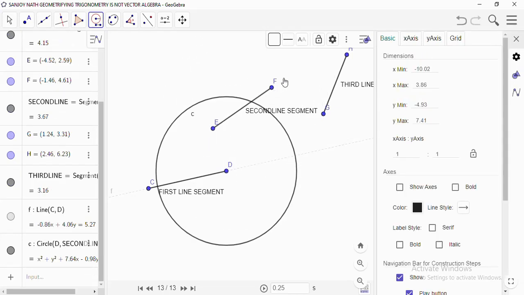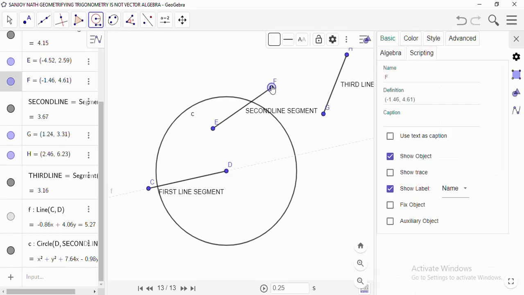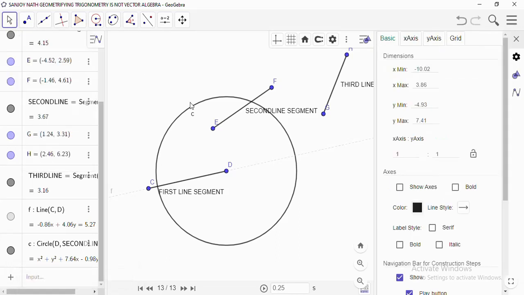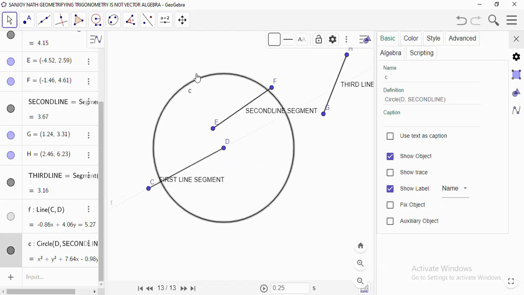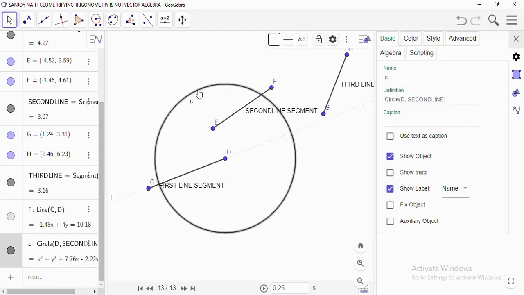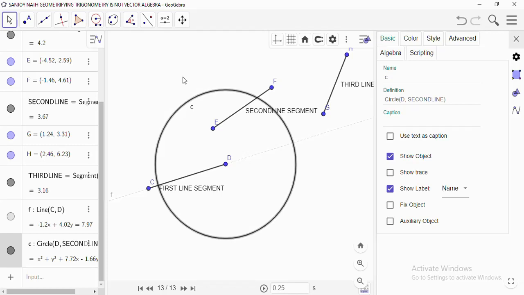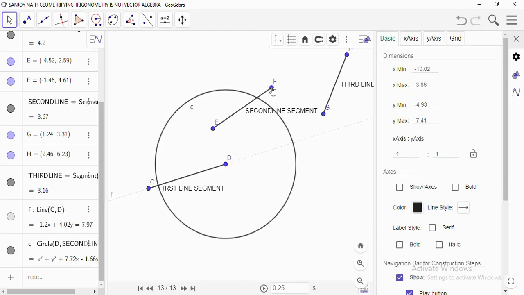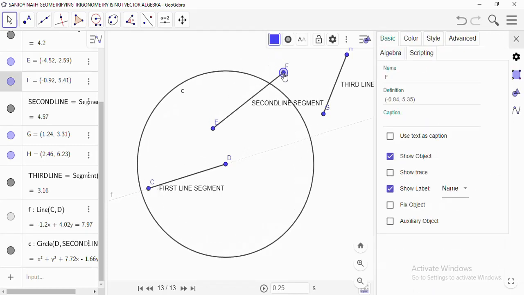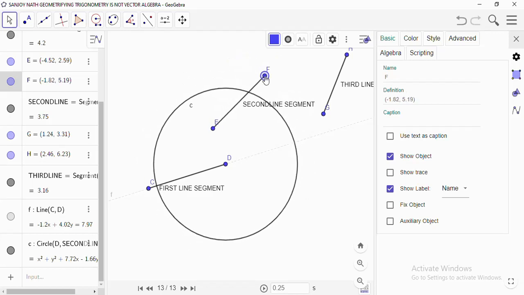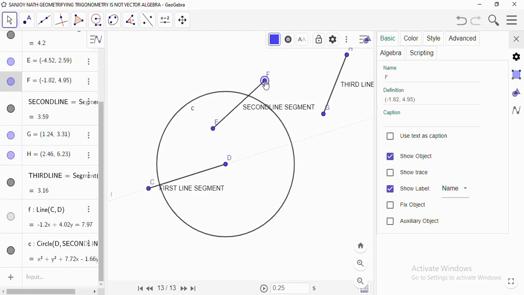If we change the length of this point, the radius will change, so we will not change it.